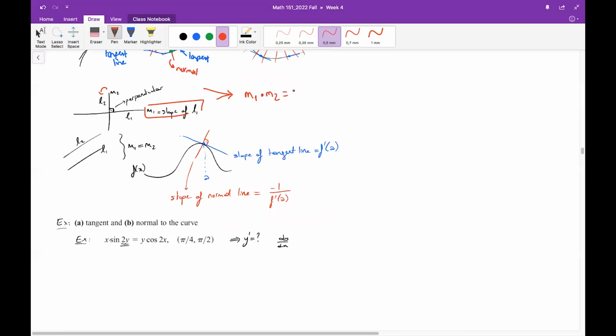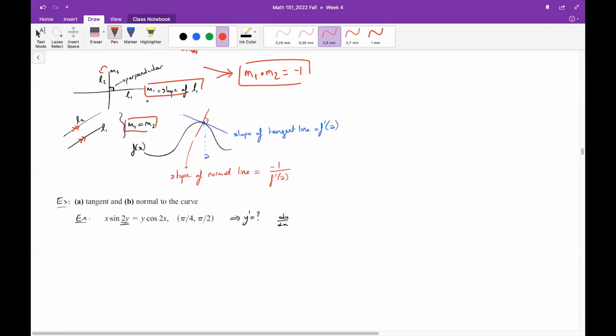There is a famous relation between the slopes of perpendicular lines like that: the product of their slopes is always -1. What if the lines are parallel? If the lines are parallel, then their slopes are the same. The relation between their slopes is like that.